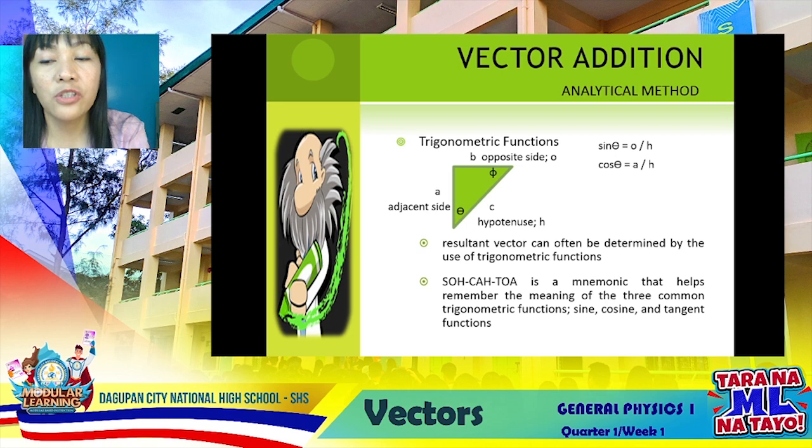In equation form, cosine theta equals adjacent side over hypotenuse. The tangent function relates the measure of an angle to the ratio of the length of the side opposite the angle to the length of the side adjacent to the angle, mathematically expressed as tangent theta equals opposite side over adjacent side.